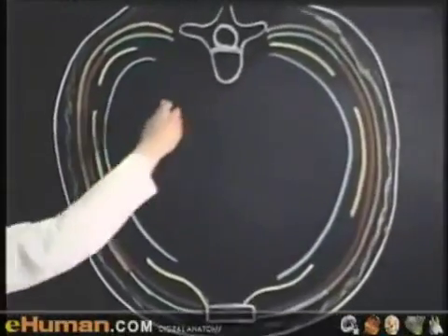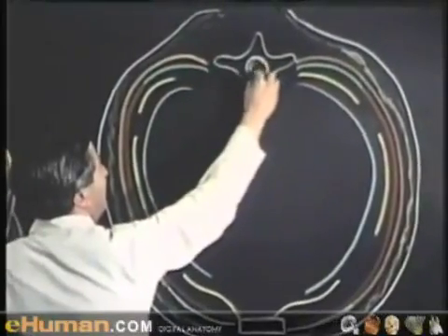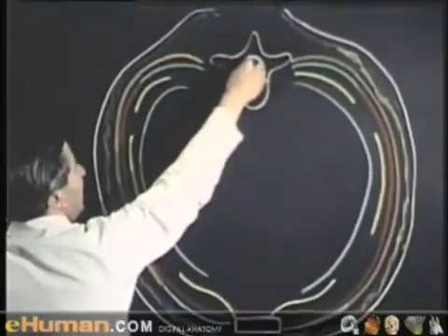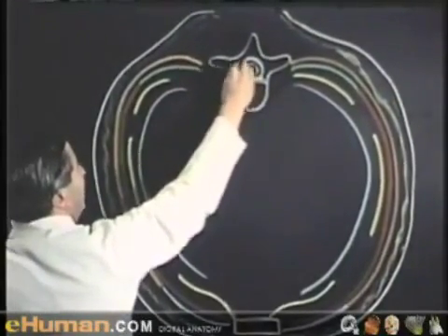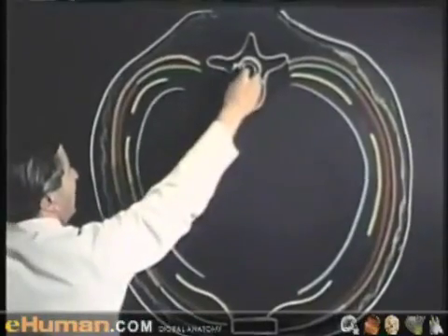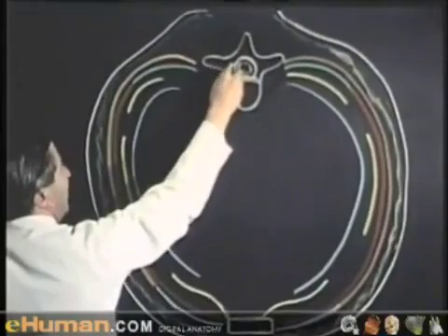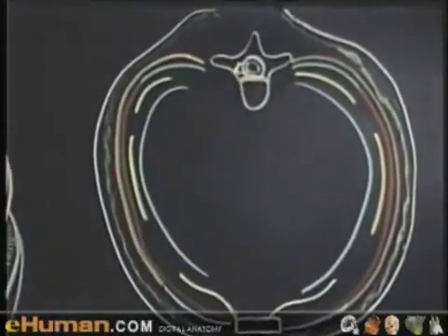If we realize that here we have the spinal cord in position in the vertebral canal, and we have the posterior root coming off with the posterior root ganglion, and then we have the anterior root, and the two combine together to form the spinal nerve as it lies inside the intervertebral foramen.